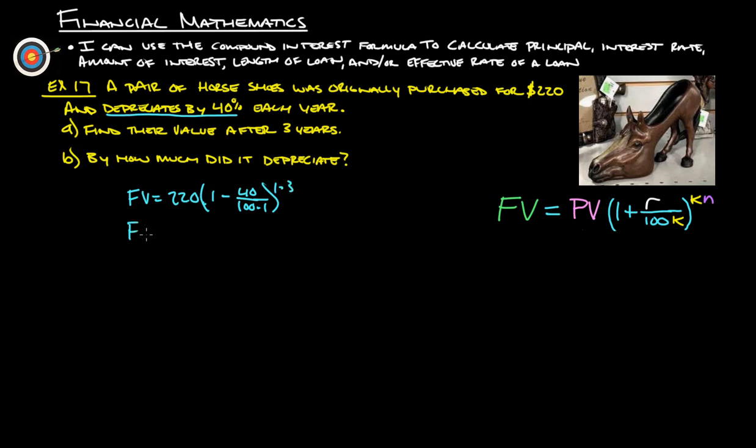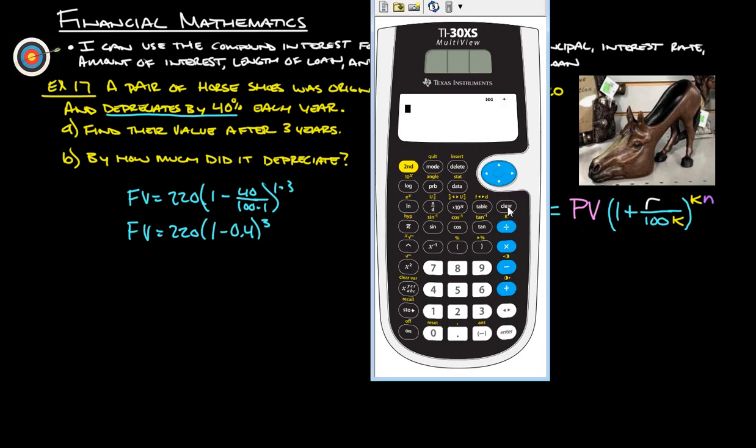So 220 times 1 minus 40 over 100, which is 1 minus 0.4, to the third power. Really that's 0.6, but we can just put it in like that and it'll work just fine.